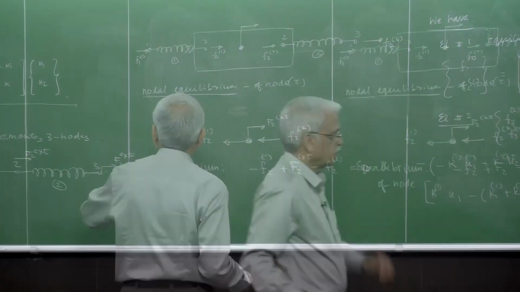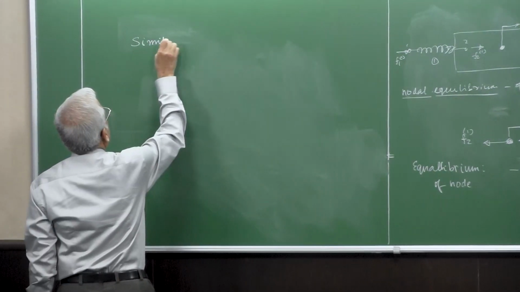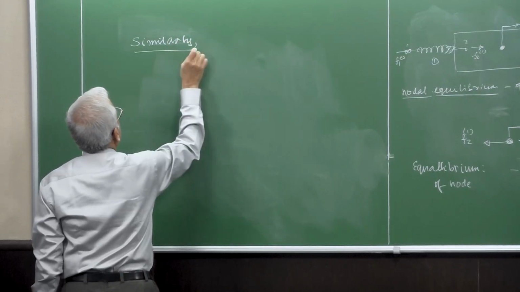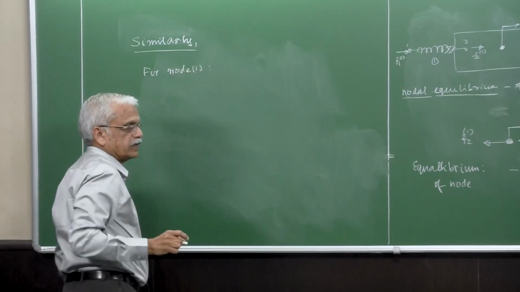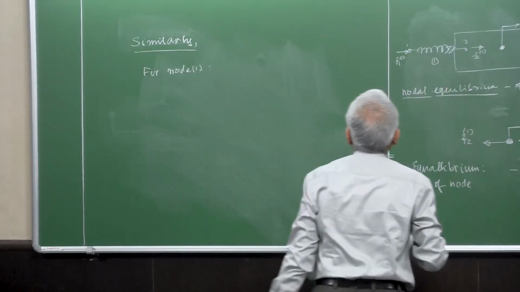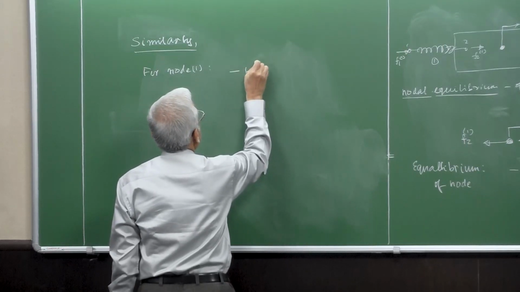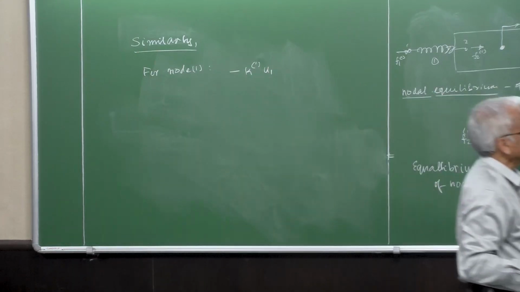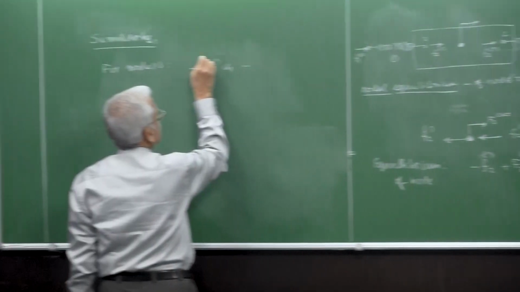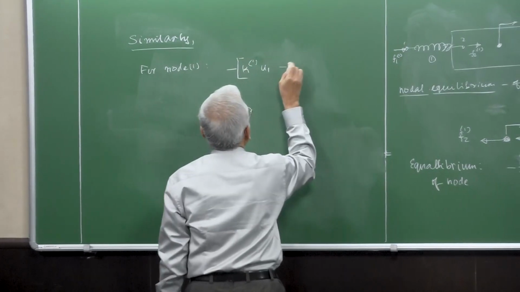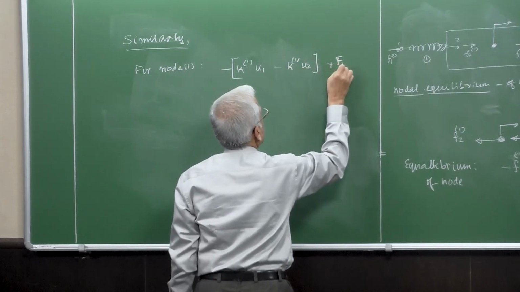Similarly, node 1 is acted upon only by element 1, and what we get from this equation is minus K1 U1, minus K1 U2, plus F1 external.